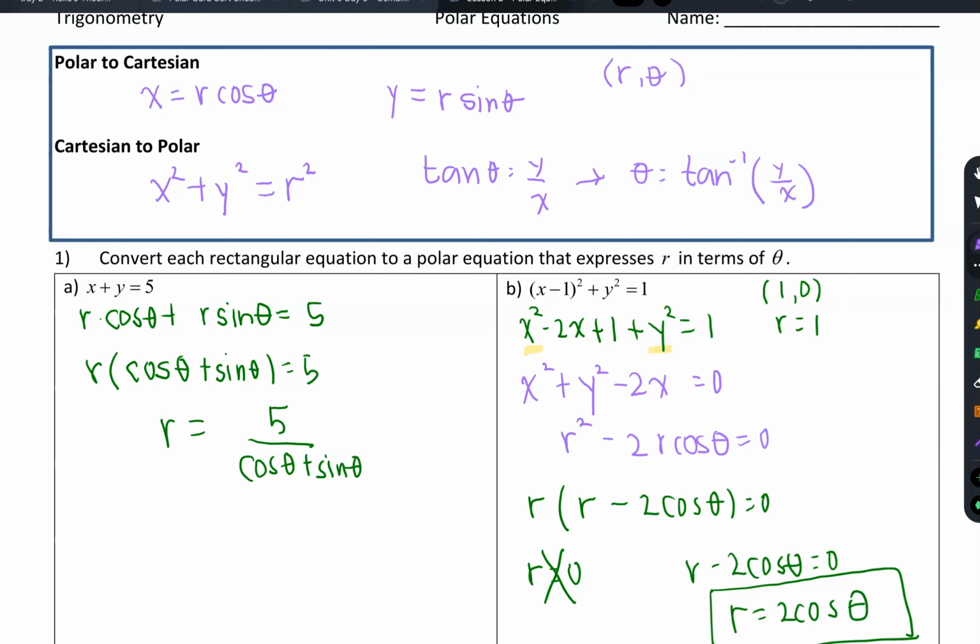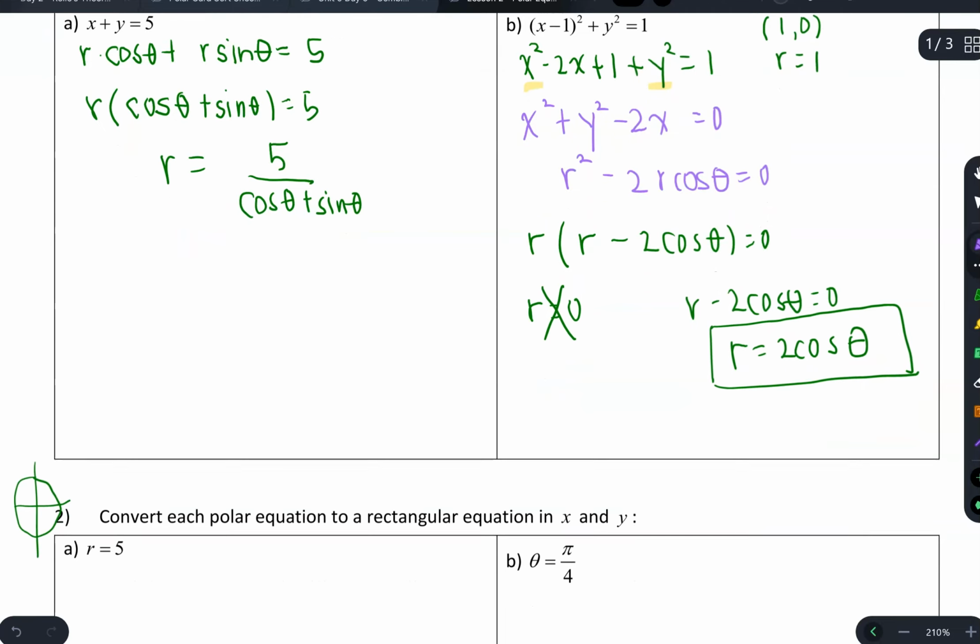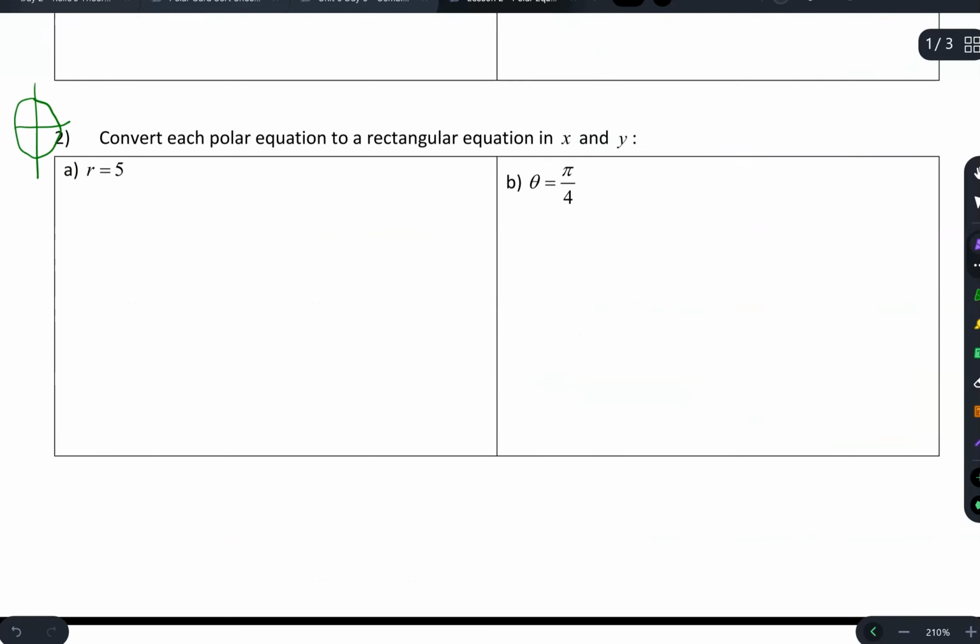If I had an r squared, then I could turn it into that x squared plus y squared. So these four equations are going to be super helpful for you converting back and forth. Okay. How do I get an r squared? What would I do to both sides to make it be an r squared? Okay, so we can square both sides.